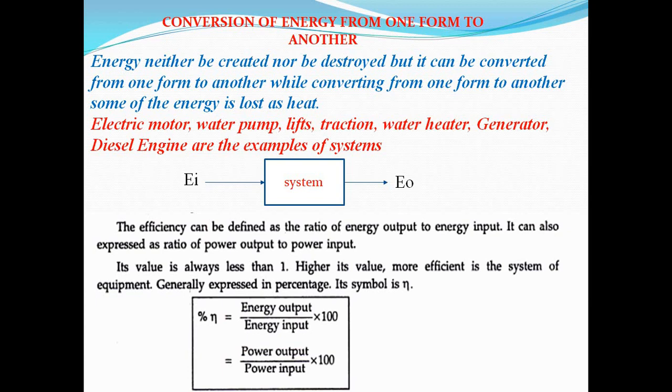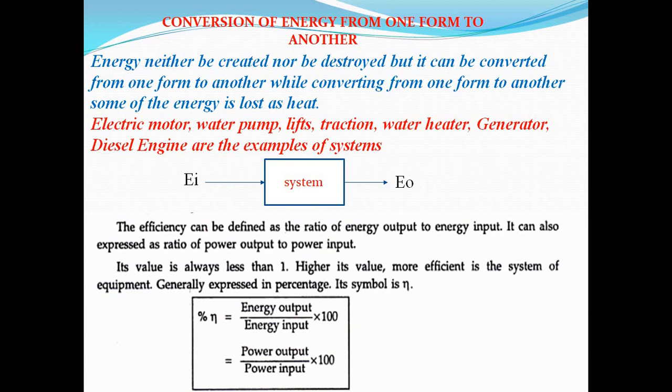That means an electric motor is an example of electrical to mechanical energy conversion. Then water pump: again the pump motor is driven by electrical supply, so input is electrical and output is we are getting water from certain heights. So output is mechanical, which is nothing but the potential energy. Okay, so these are some examples.